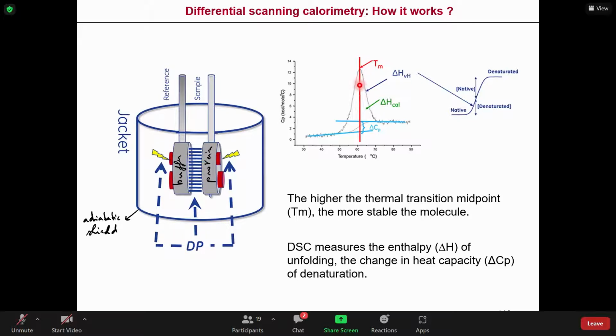And you can get the heat enthalpy of the fold. For us, we will see that the higher the thermal transition, the melting temperature, the more stable the molecules.